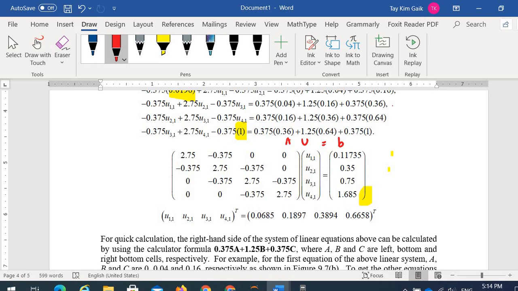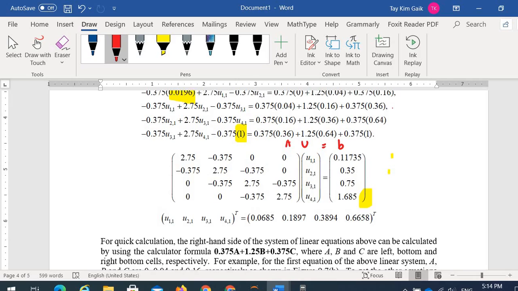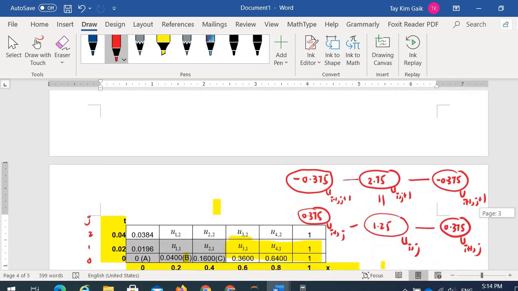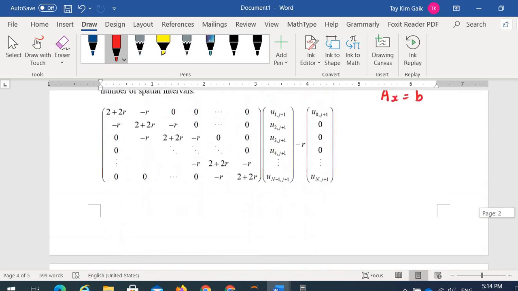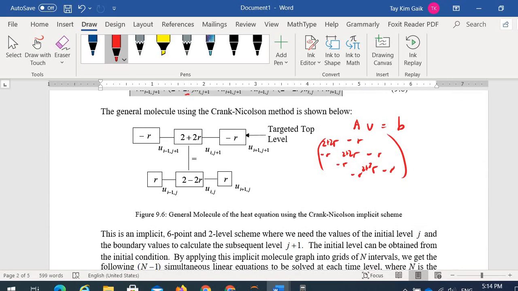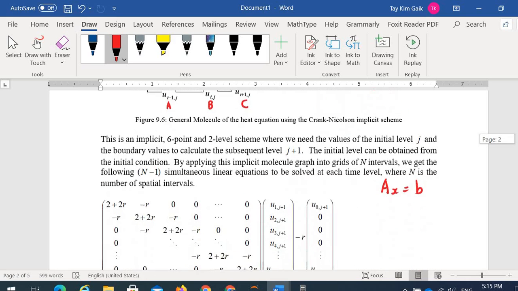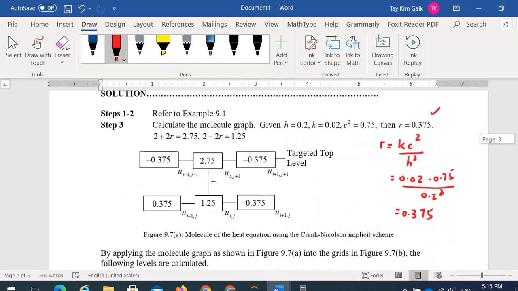On the right-hand side, the vector B depends on the bottom of the molecule, with coefficients R times the left bottom cell, plus 2 minus 2R times the center bottom cell, plus R times the right bottom cell. I use the calculator to represent the left bottom as A, the center bottom as B, and the right bottom cell as C.